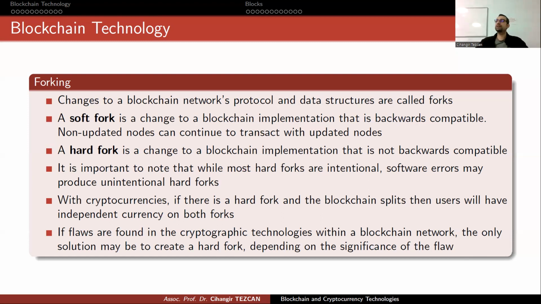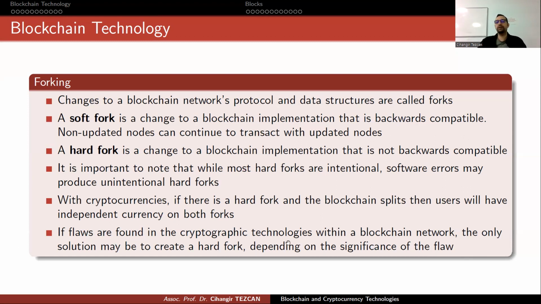So those miners can stop mining Bitcoin, come to your system and perform a 51% attack and destroy your cryptocurrency. In such a case, you have to modify your algorithm. So you have to change your mining algorithm, right? So in this scenario, you have to create a hard fork. Okay. Sometimes this is what it means.